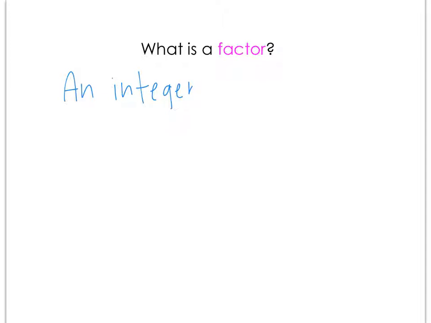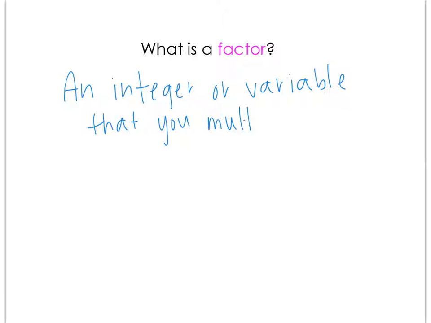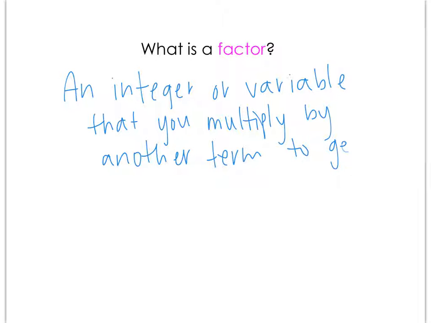So an integer or variable that you multiply by something, so by another term, to get a product. Feel free again to jot down any of your notes that you had written down for what is a factor.